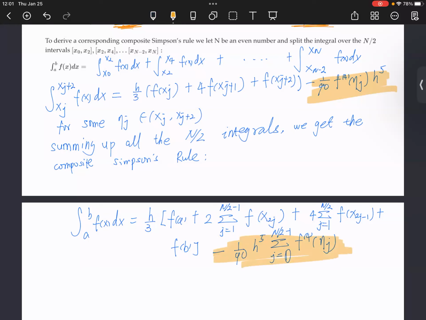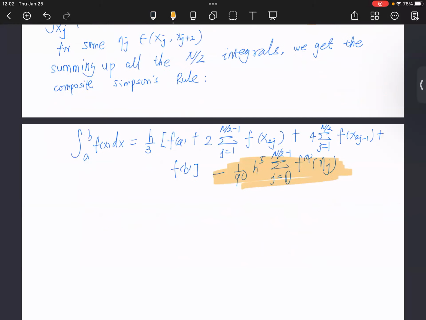And now you know what to do, right? Apply the extreme value theorem, and then apply the intermediate value theorem. So assume that f is fourth continuous on the interval [a, b], and then you would apply the extreme value theorem, similar to what we have done in the trapezoidal rule.